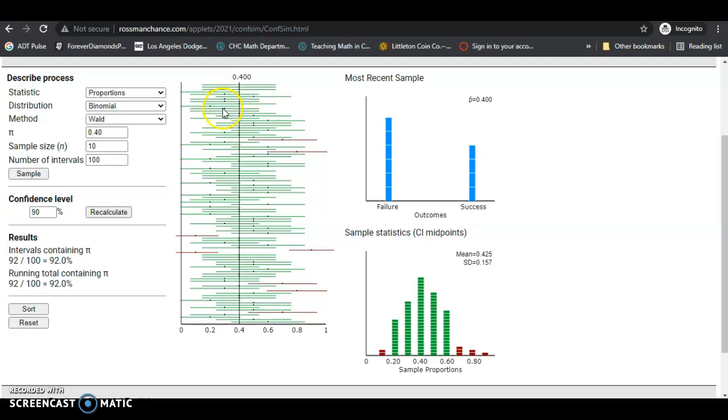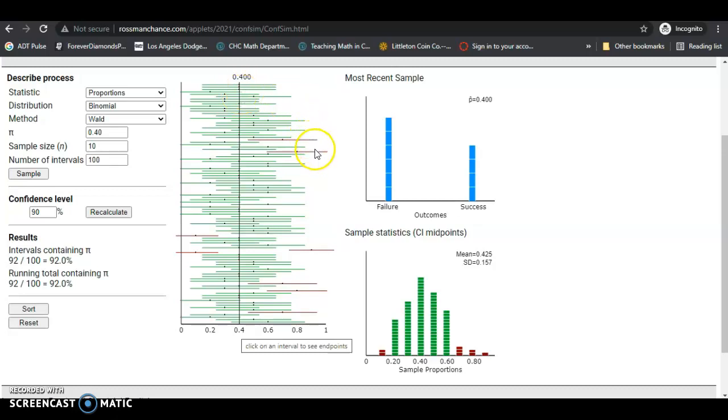Okay, so the ones that are in green capture the fictitious population proportion of 0.400. That's the line here shown in black. Okay, so the confidence intervals in green have the value of that population parameter.